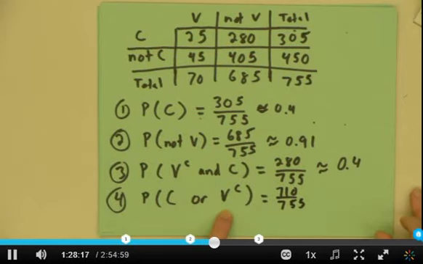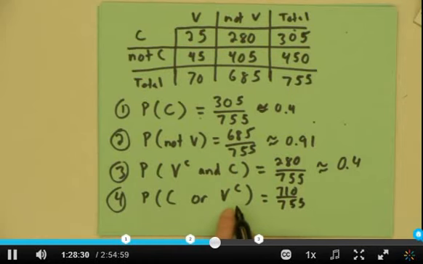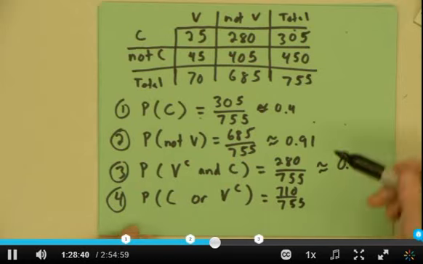How else could I have gotten this? I can think of it as a Venn diagram. If I add the probability of C and the probability of V complement, or not V, together, that's almost the right answer, but I've double counted the place where they overlap. So I have to subtract away that part that was double counted. Well, that's actually the first three answers here.